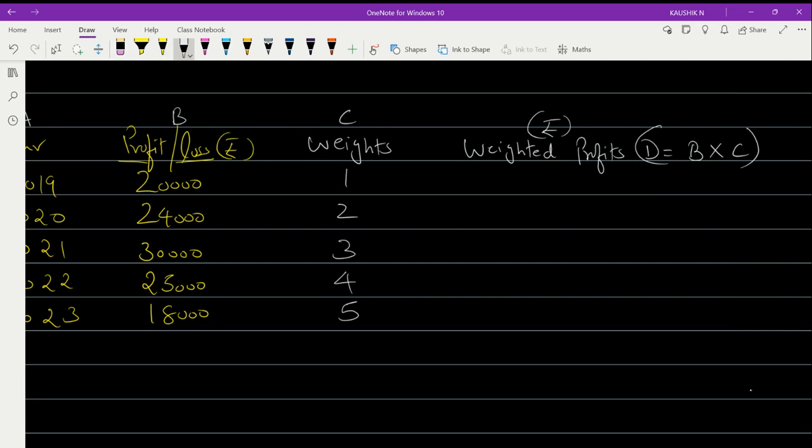Now multiply 20,000 into 1. How much will you get? 20,000. 24,000 into 2. 48,000. Very good. 30,000 into 3. 90,000. 25,000 into 4. 1 lakh.